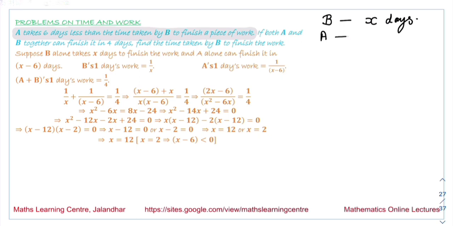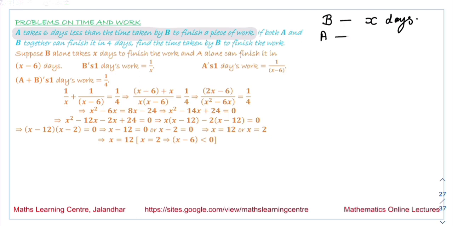It means x is equal to 15 by 4 is not possible. So what we get is that the smaller tap will take 25 hours and the larger tap will take 15 hours to fill the tank separately.